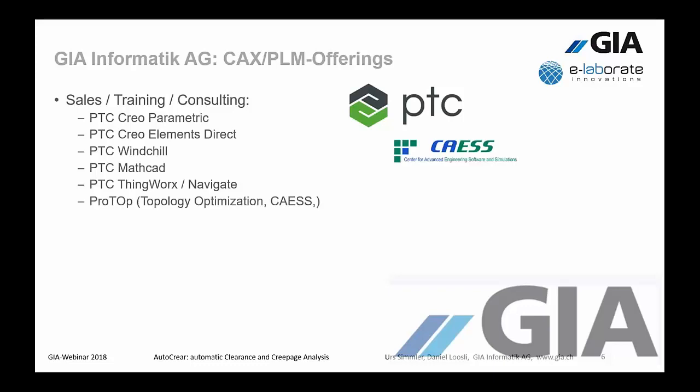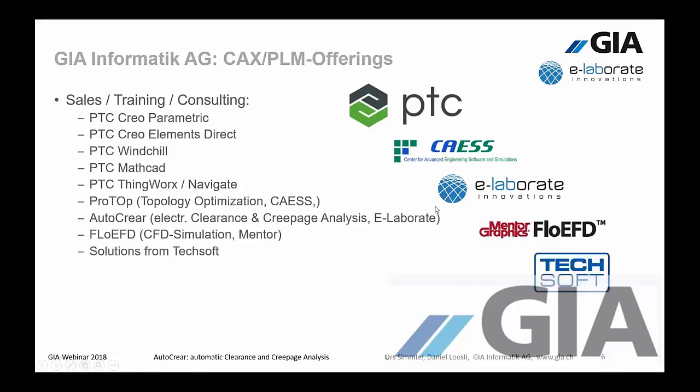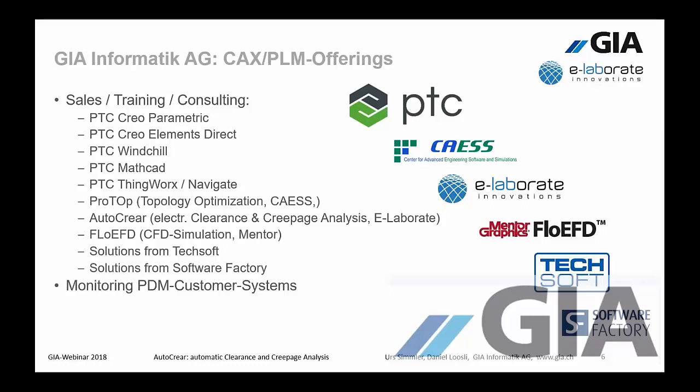Besides that, we are working with partners. This is a partner from the topology optimization environment called CAESS. Today we will talk about the product AutoCrear from Elaborate in Nuremberg, Germany. We're also working closely with CFD simulation from Mentor Graphics, Flow EFD. We are going to support solutions from an Austrian company called TechSoft and from another German company in Munich called Software Factory.